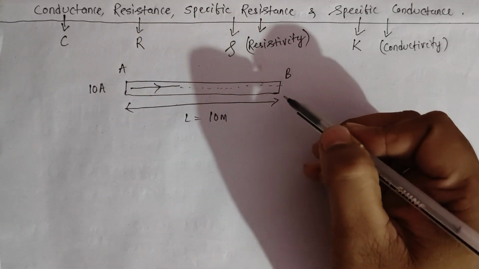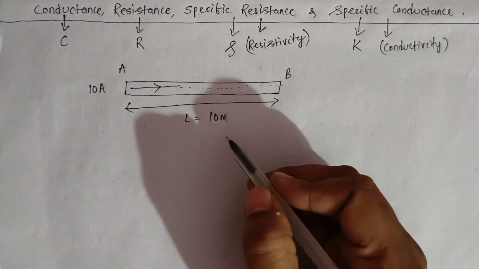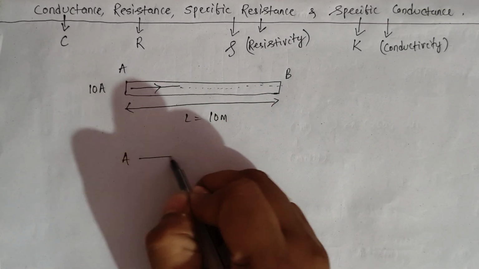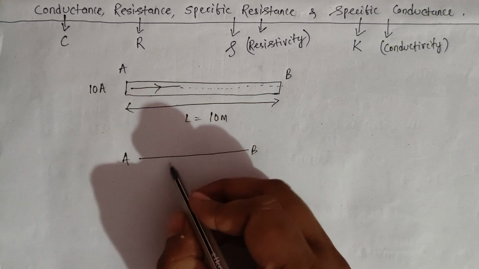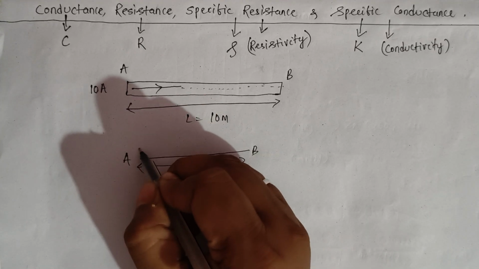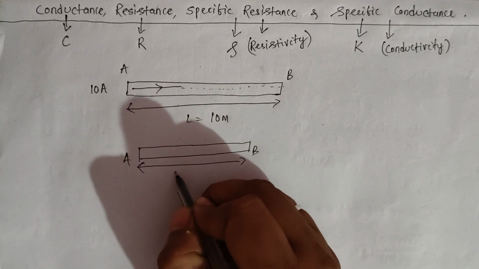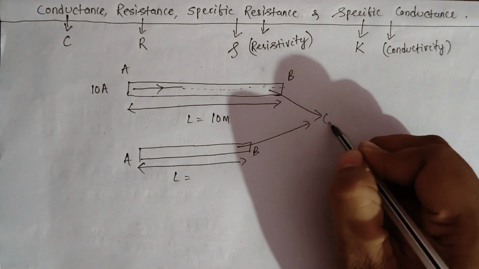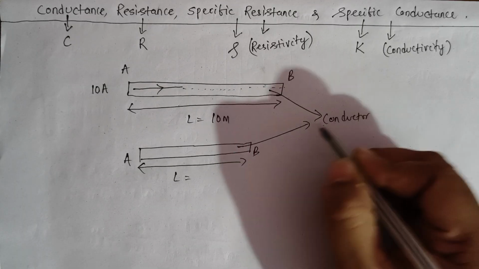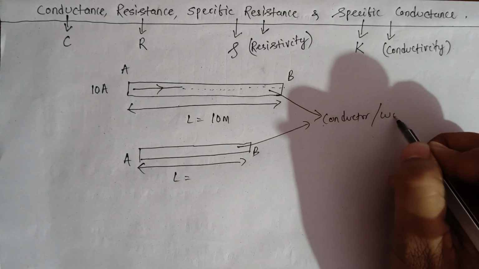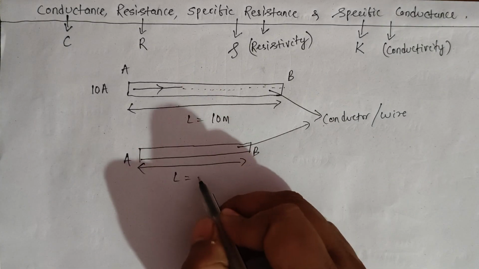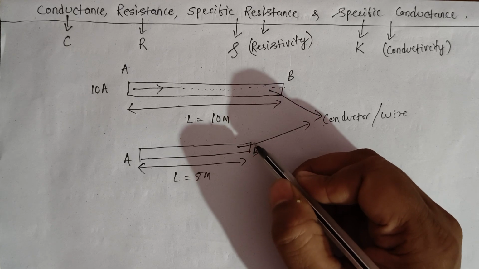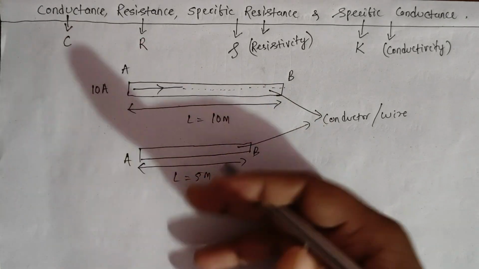If the distance between A and B decreases, let us take the same wire but the length of the conductor decreases to 5 meter. So here the output current must be more. Are you getting my point?